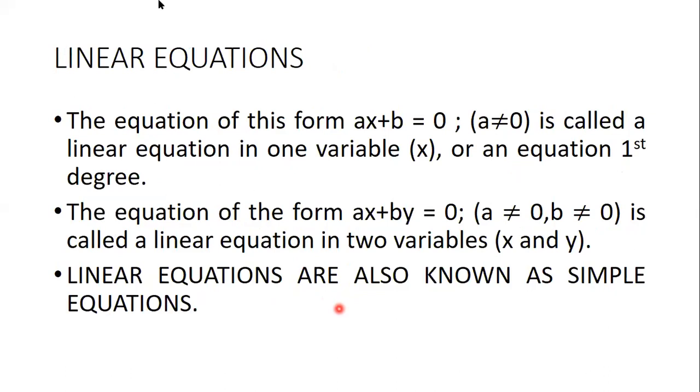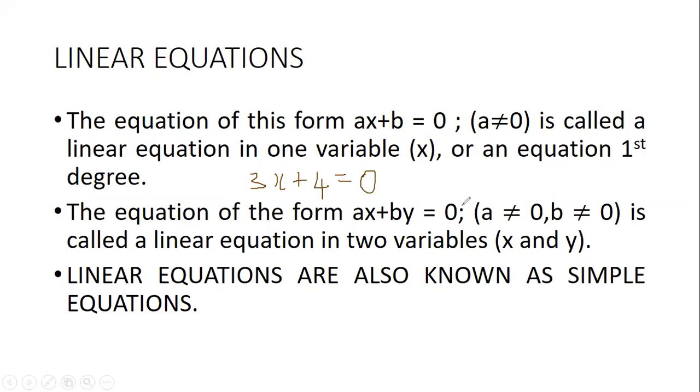And coming to what a linear equation is. Before we get into the problems, let us understand what linear equations are. A linear equation will be in this form, that is ax plus b is equal to 0. For example, 3x plus 4 is equal to 0.